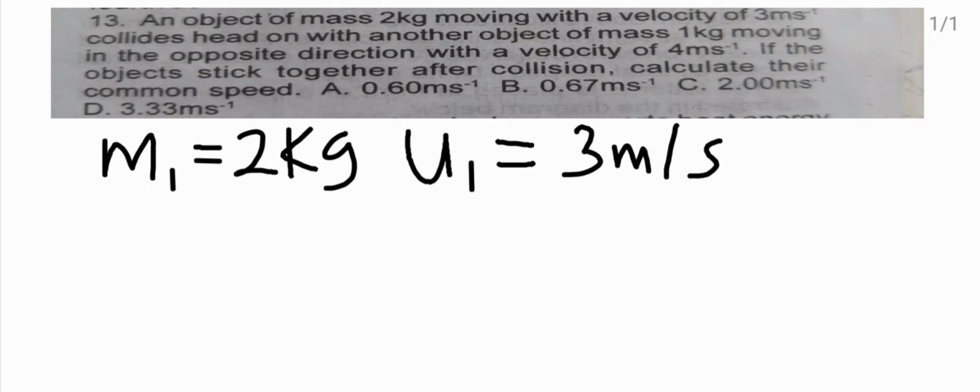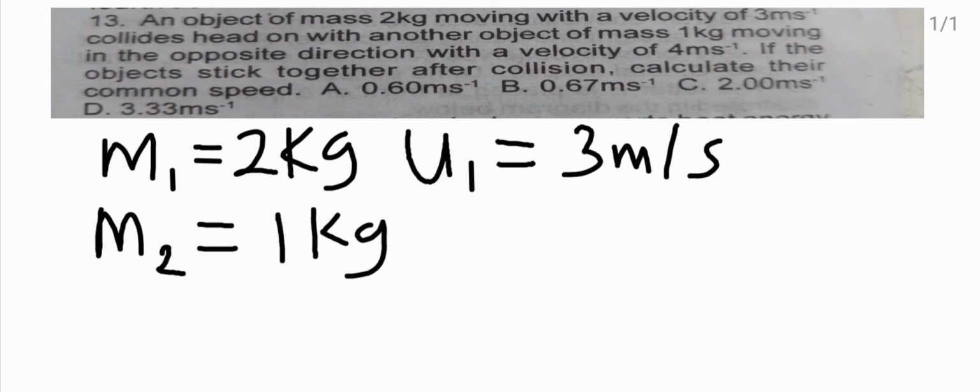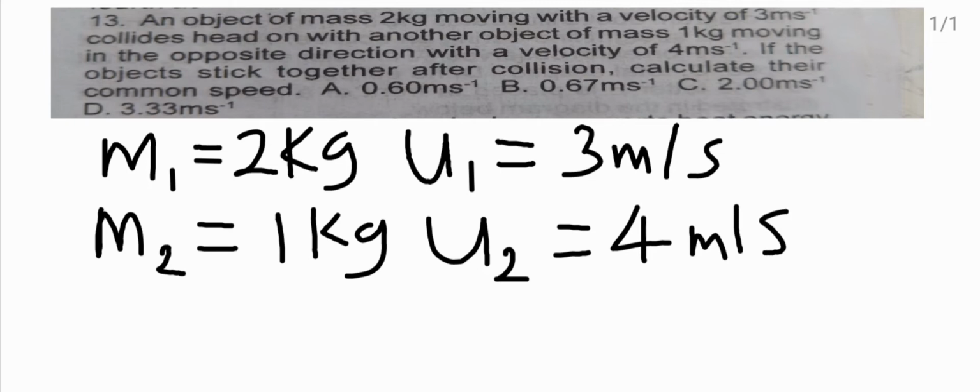So then it collides with another object. So we can call that mass 2. So it is 1 kg, moving with a speed of 4 meters per second.